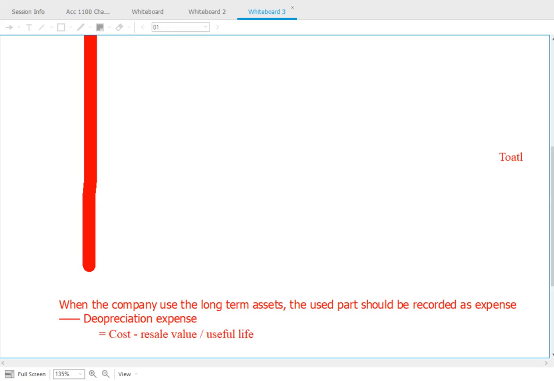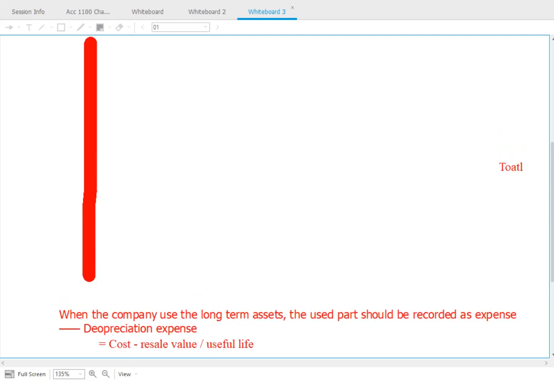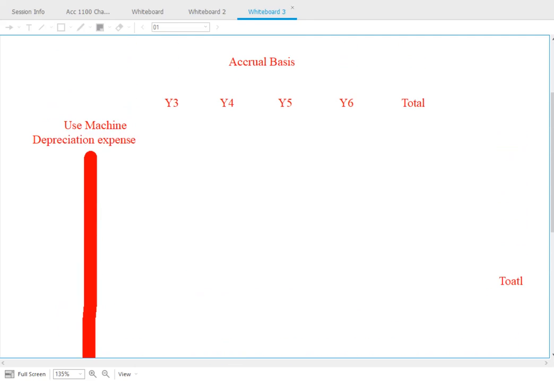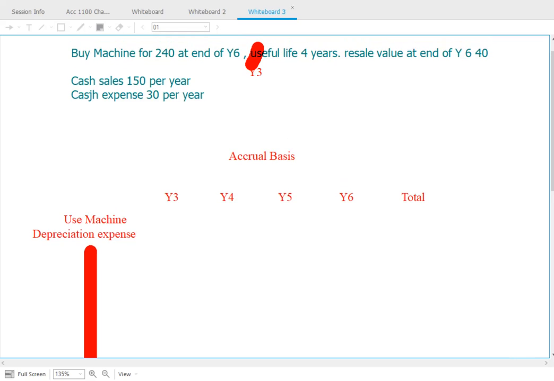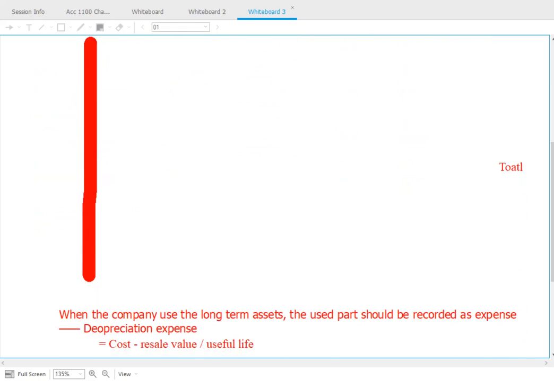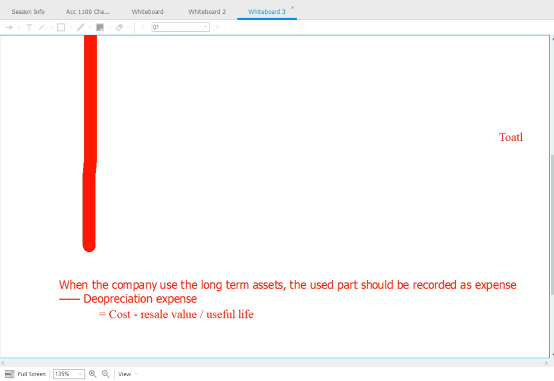In my example, I paid $240 as the cost of my machine. The resale value is $40. The useful life is 4 years. So that makes my depreciation expense equal to $50.